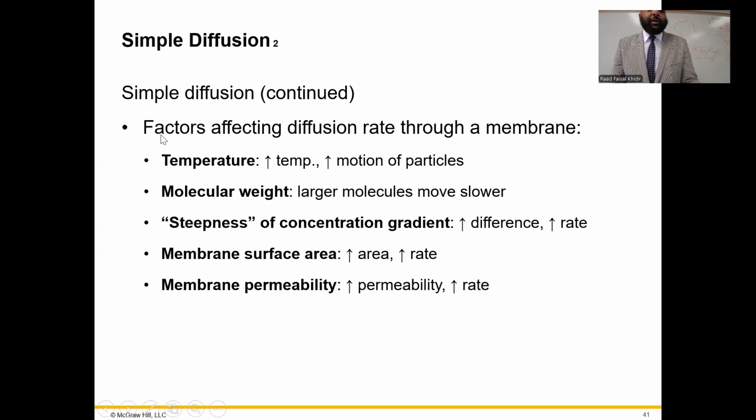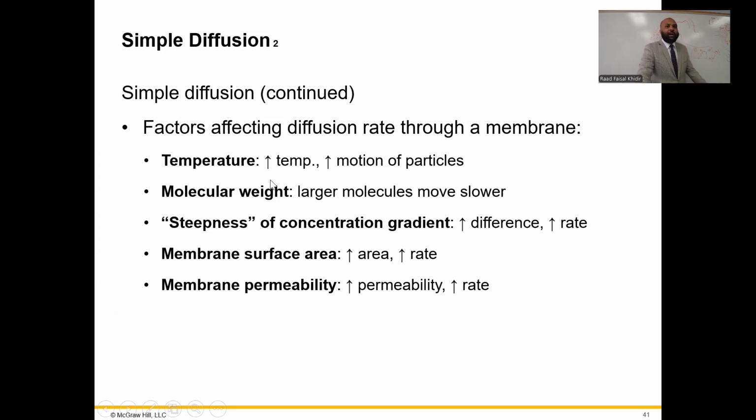Now we're going to talk about the factors that affect diffusion. Obviously, the temperature. The more you heat up the solution, the faster the molecules are going to be moving due to them bumping into each other more and more, and that is going to power their movement to cross that differentially permeable membrane. Then the molecular weight. Obviously, the larger molecules move slower, and the smaller molecules move faster.